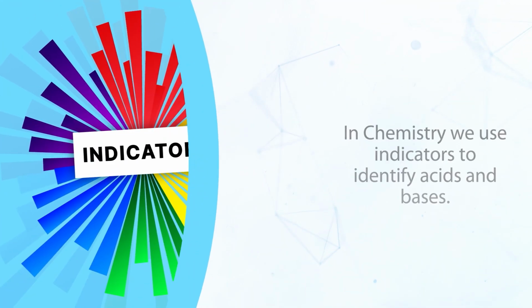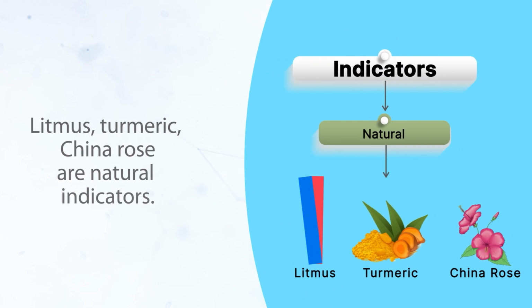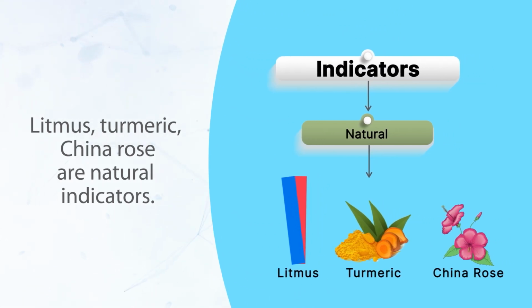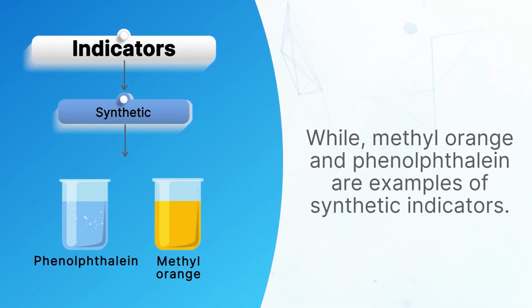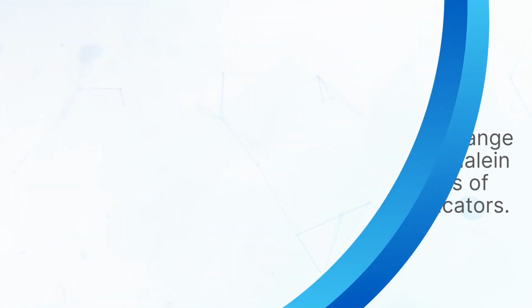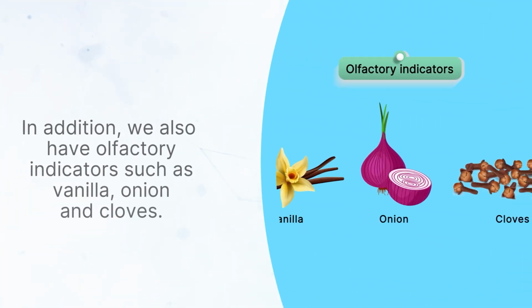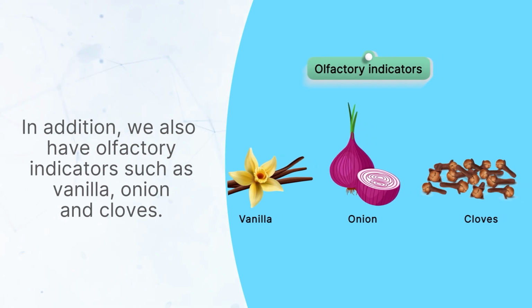In chemistry, we use indicators to identify acids and bases. Litmus, turmeric, China rose are natural indicators, while methyl orange and phenolphthalein are examples of synthetic indicators. In addition, we also have olfactory indicators such as vanilla, onion, and cloves.